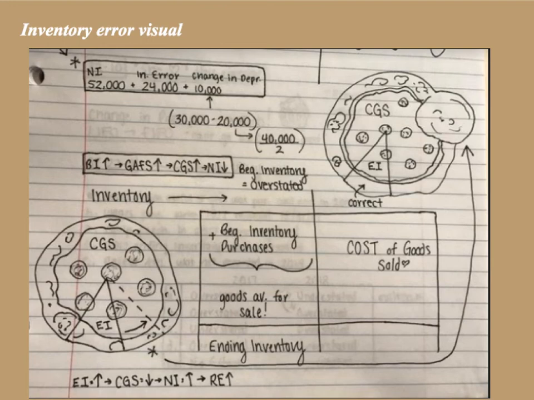Retained earnings is a permanent account. So it will not only have the effect on the current year, because yes, net income will be too little for year 2, but if you compare year 1 and year 2, the cumulative effect will be 0. So this is a counterbalancing error, meaning it will self-correct in 2 years.